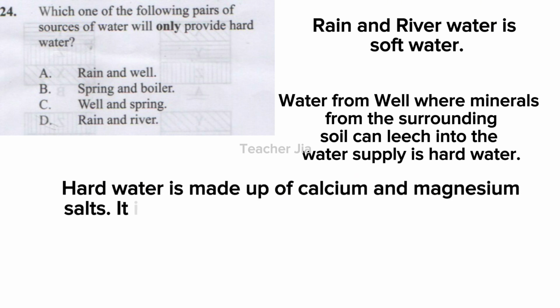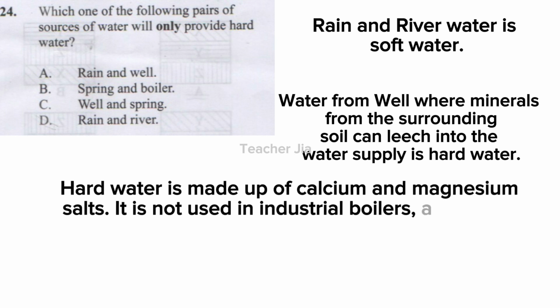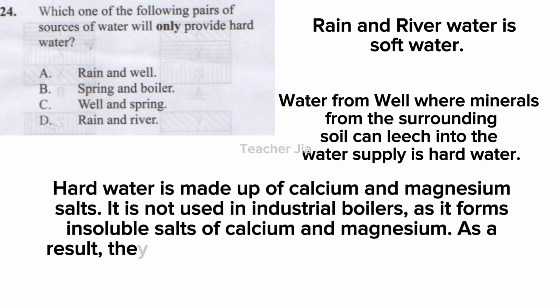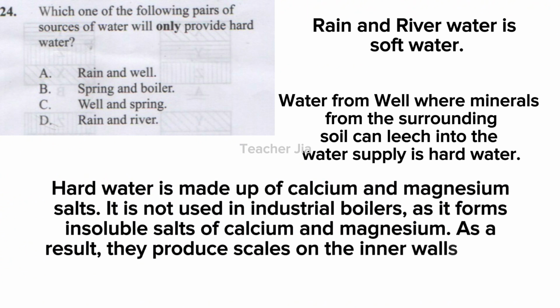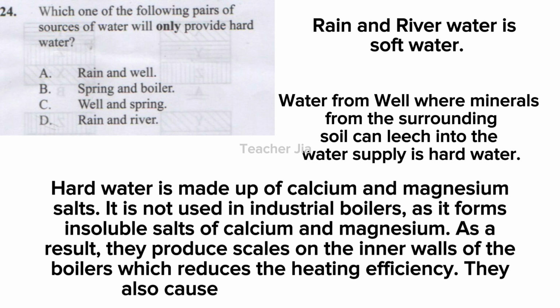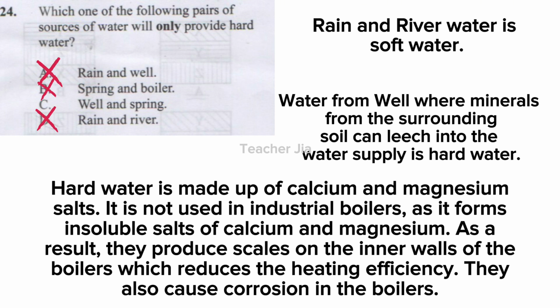It is not used in industrial boilers as it forms insoluble salts of calcium and magnesium. As a result, they produce scales on the inner walls of the boilers, which reduce the heating efficiency. They also cause corrosion in the boilers. So anywhere where there is boiler is out. Anywhere where there is rain and river water is out because they are soft water.